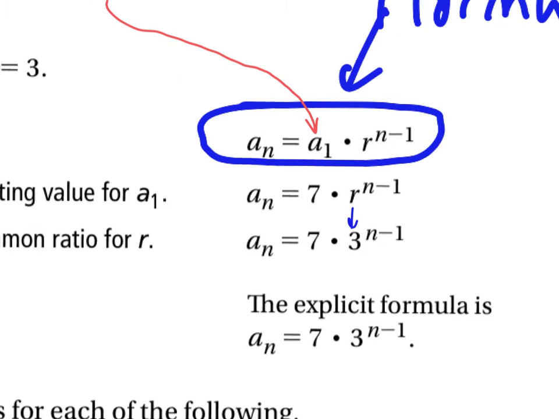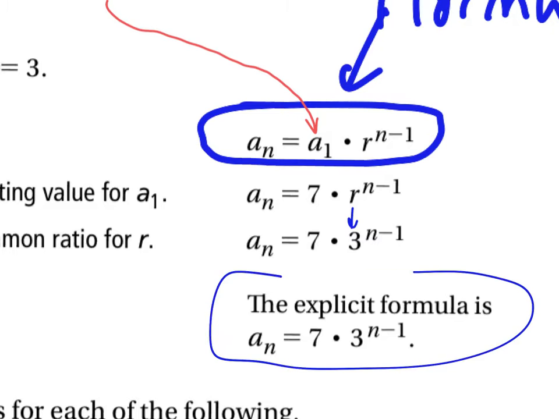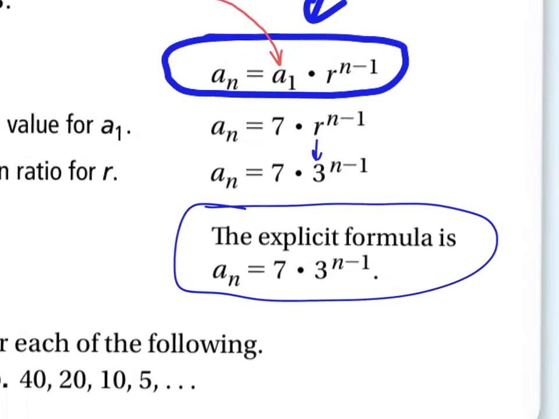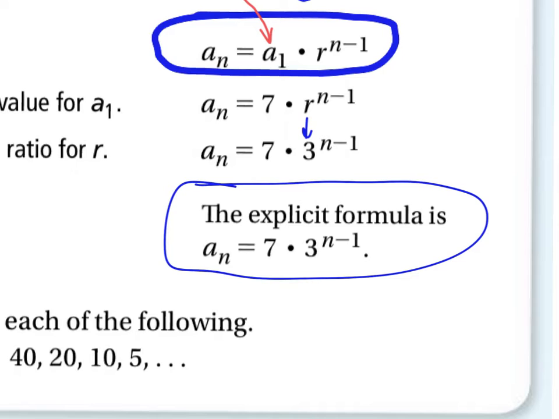So our final explicit formula we actually keep as a sub n equals 7 times 3 to the n minus 1. The nice thing about having this formula is then we could find any term in the sequence.